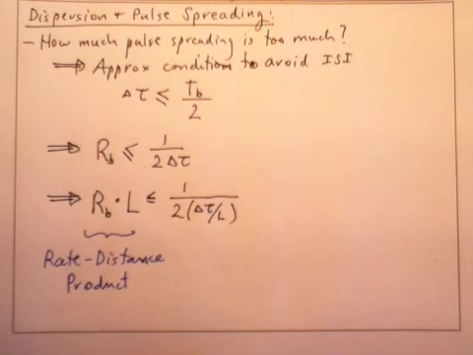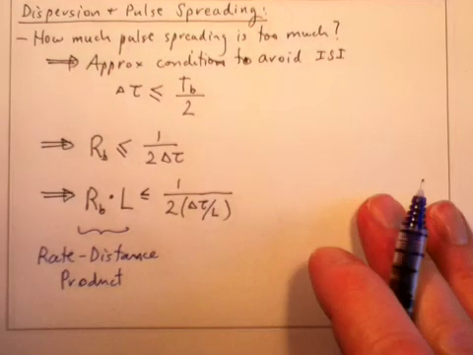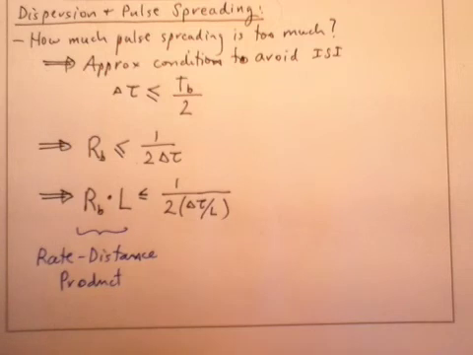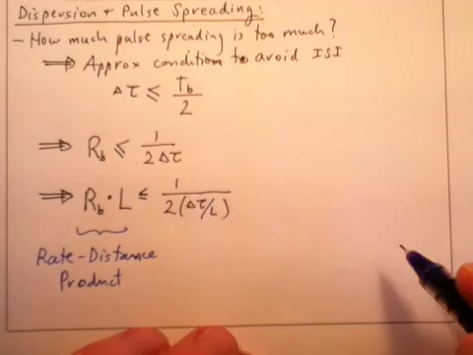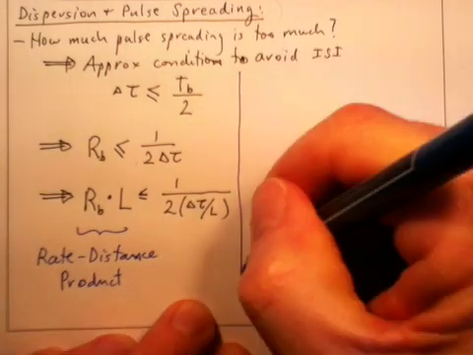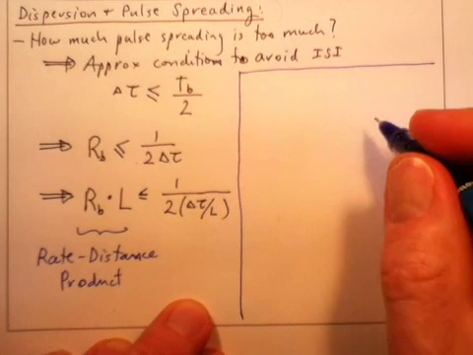Okay. What I'll do now is just write down the equations that do give the pulse spreading in terms of the material dispersion. I'll do this really just writing it down.